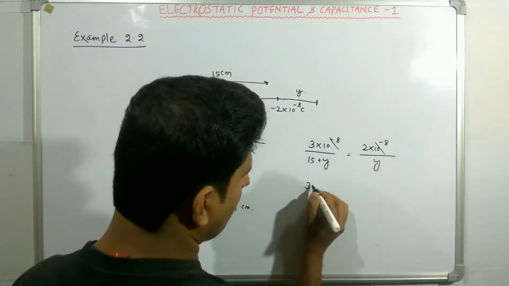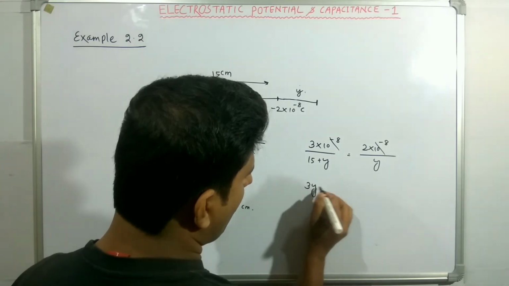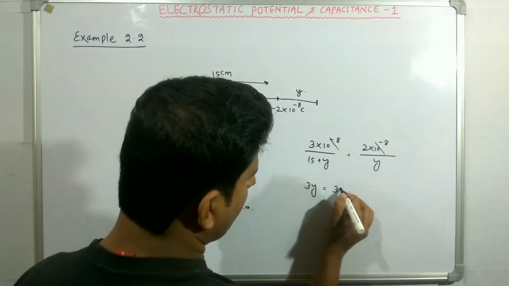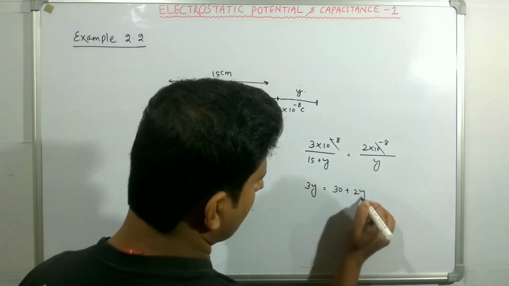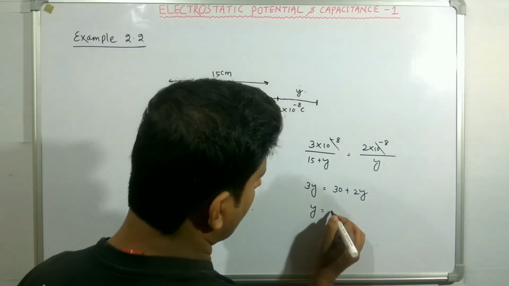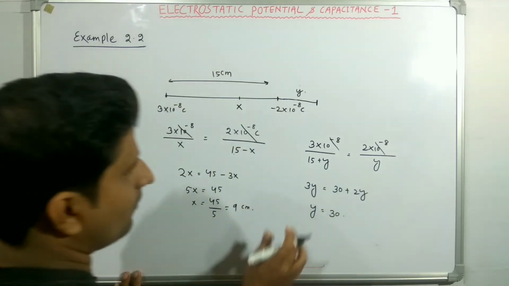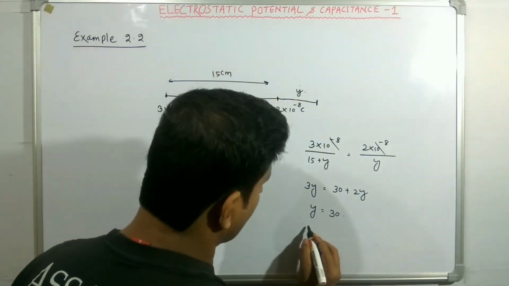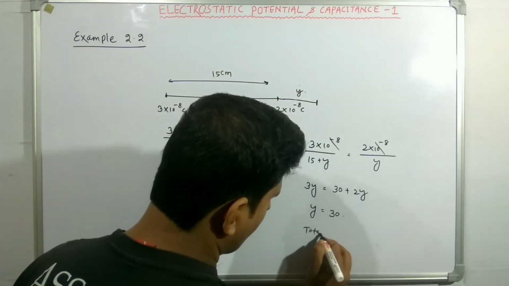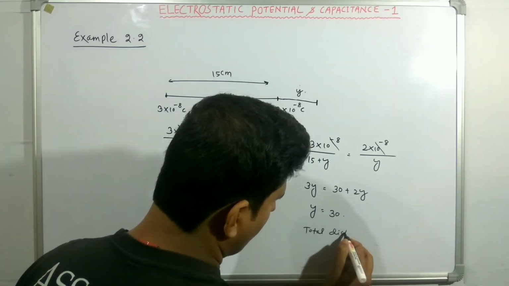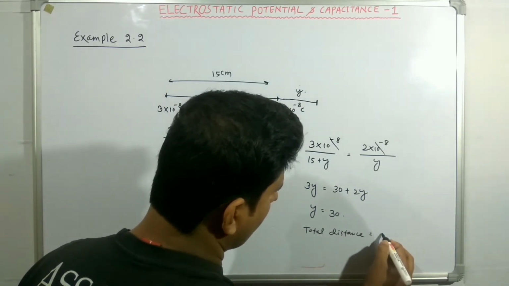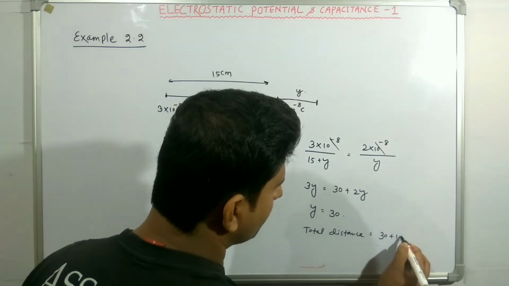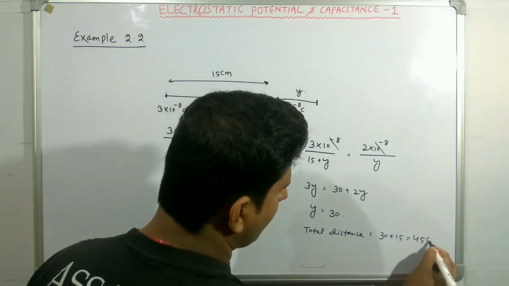So 3y equals 30 plus 2y, and y equals 30. Okay, y equals 30, and the total distance equals 30 plus 15, equal to 45 centimeters.